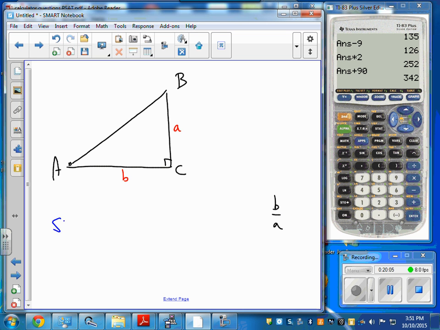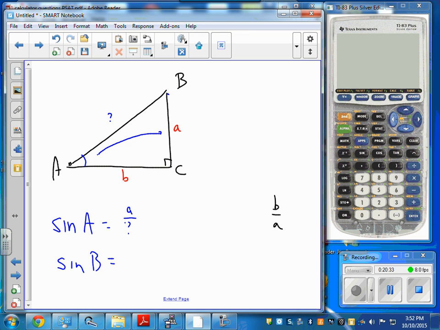Well, if you know right angle trigonometry, the sine of this angle is always the opposite side. Sine of capital A will be the opposite side divided by the hypotenuse. And here they didn't even label a hypotenuse, so it would be A over question mark, or whatever that is. The sine of B is going to be sort of the same deal. It's going to be the opposite side, which is B, over the hypotenuse, which they didn't tell us.